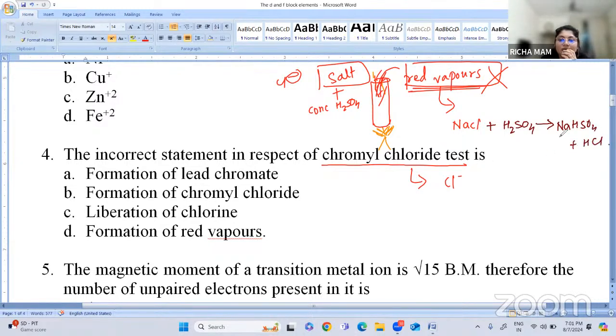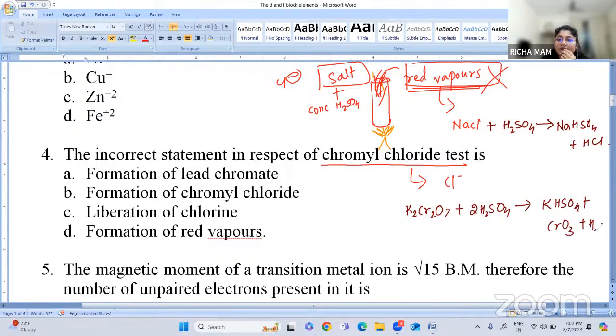Now after this, after evolving the gas, we add K2Cr2O7 powder. This K2Cr2O7 powder reacts with the concentrated H2SO4 and forms potassium hydrogen sulfate plus chromic oxide.